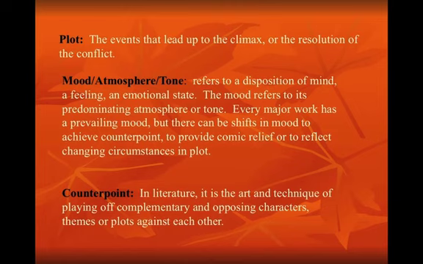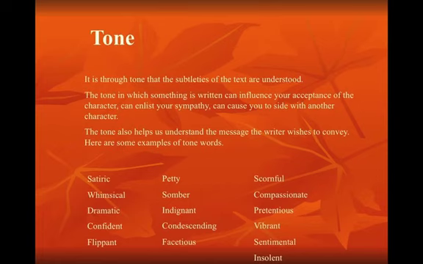Another term I'd like you to know is counterpoint. In literature, it is the art and technique of playing off complementary and opposing characters. Tone becomes a very important thing in English 20 because we are always trying to understand what's called subtext. What is underneath the actual story itself?